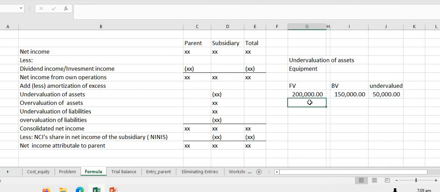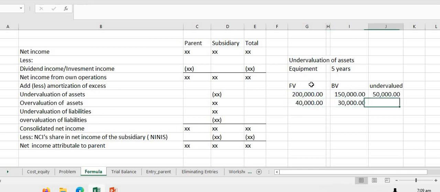Let's say for example that the equipment has a 5 years remaining useful life. Since the equipment has a book value of 150,000, the depreciation reported by the subsidiary is actually 30,000. But since its fair value is 200,000, the depreciation for consolidated purposes should have been 40,000.